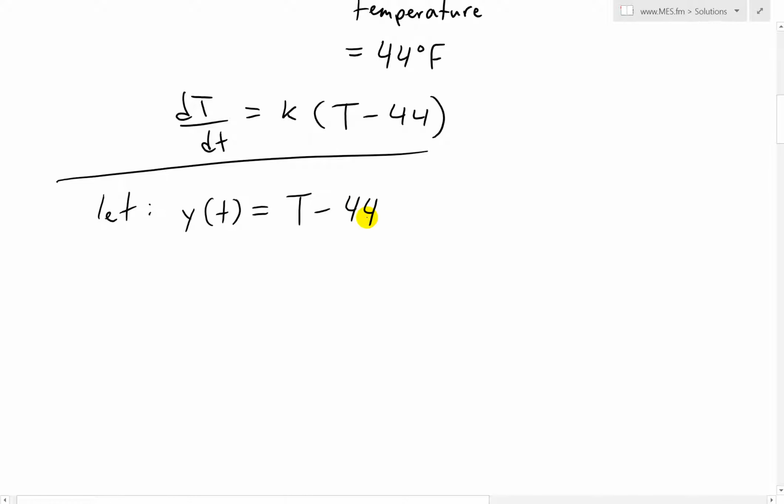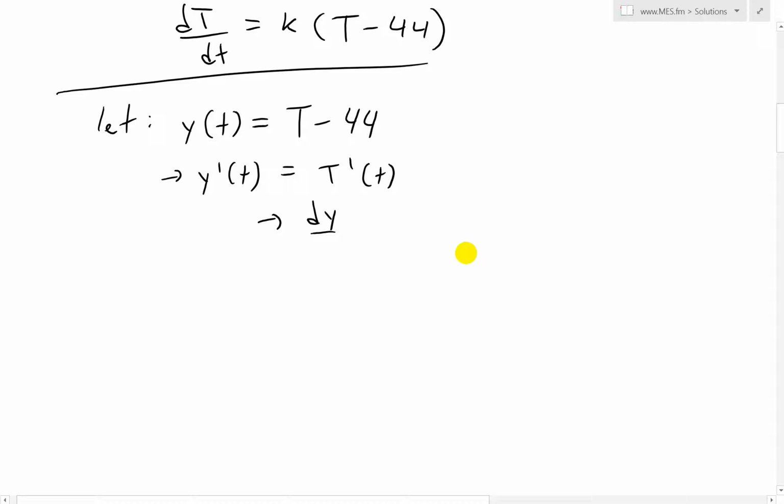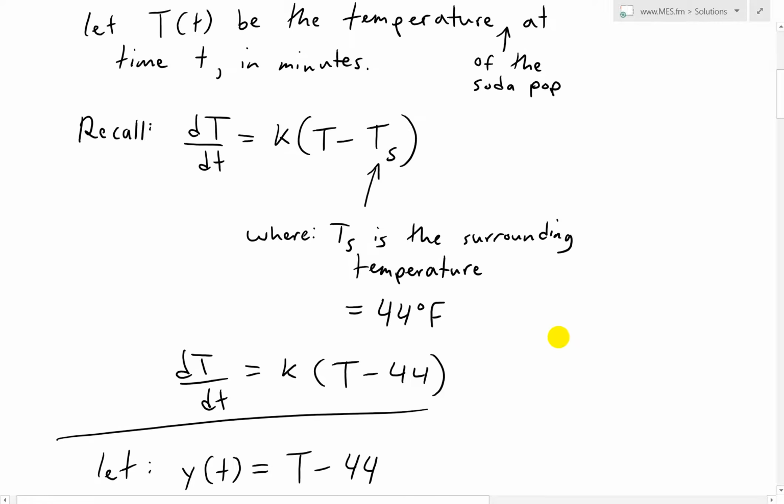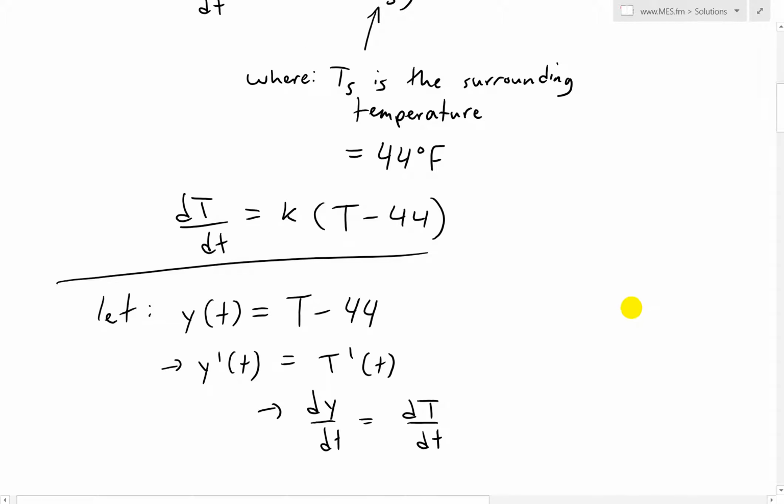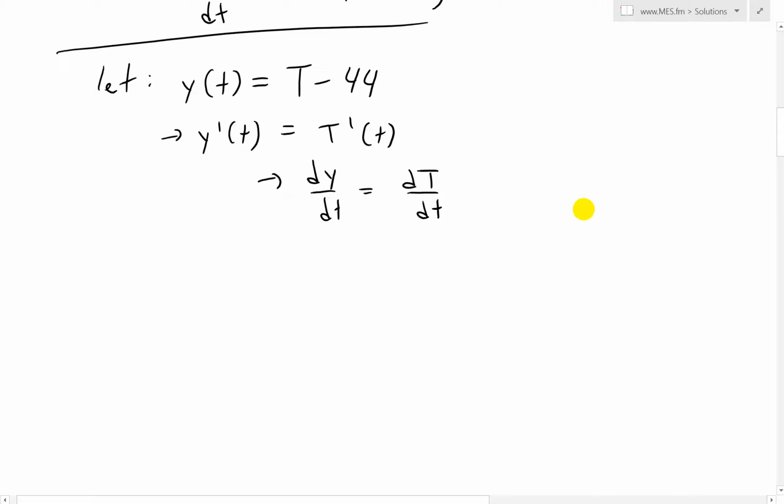The reason we're doing this is that the derivative, y prime of t, equals the derivative of the temperature, the rate of change, since 44 is a constant and goes to 0. In other words, dy over dt is equal to dT over dt. So now we can replace this differential equation with y.